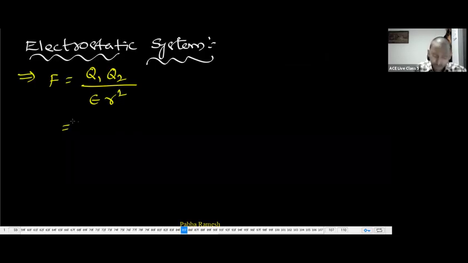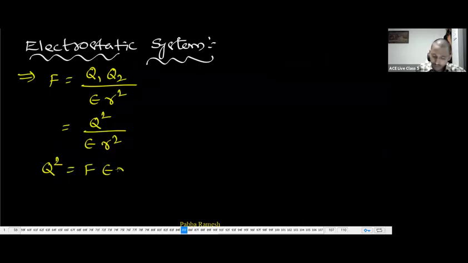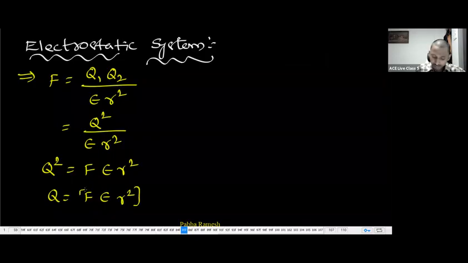So Q1 Q2, if I assume same amount of charge for simplicity, Q square. Therefore, Q square is equal to F epsilon r square. Okay. Q is equal to F epsilon r square whole power 1 by 2.